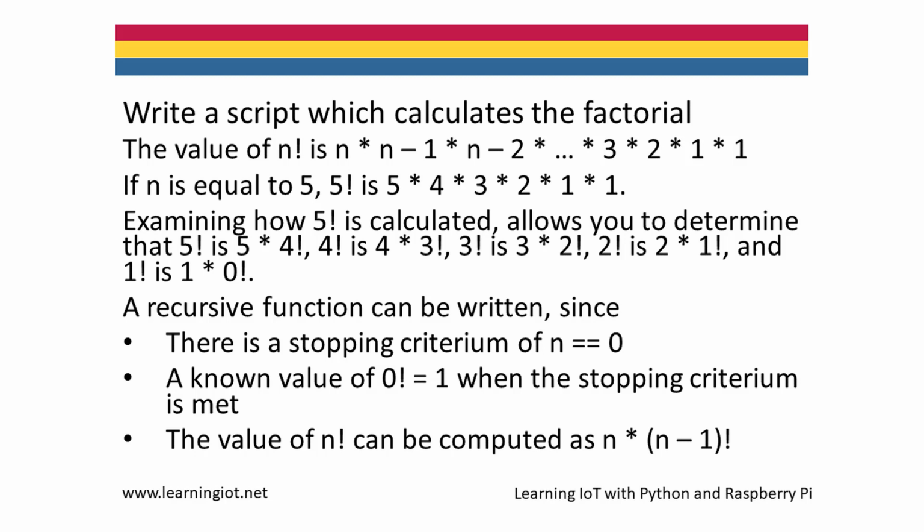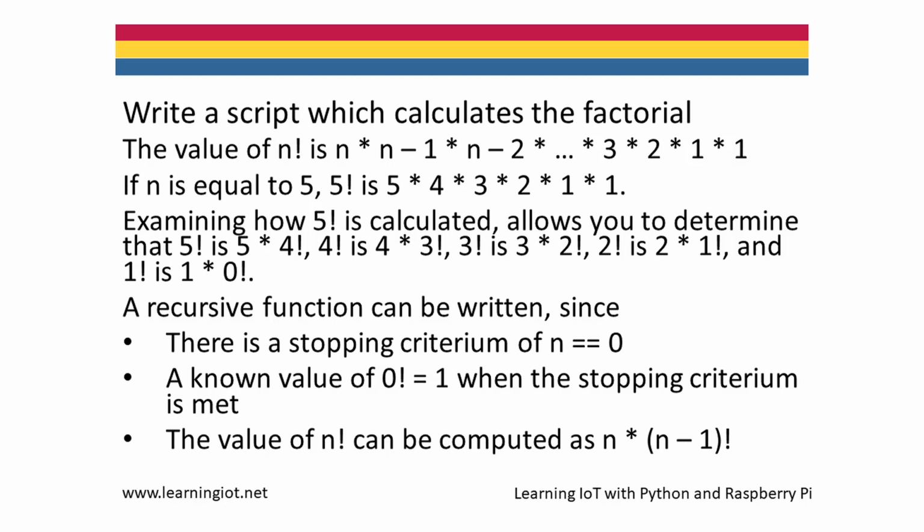Now, if we look at how 5 factorial is calculated, we can see that 5 factorial is equal to 5 times 4 factorial, and that 4 factorial is equal to 4 times 3 factorial. 3 factorial is equal to 3 times 2 factorial. 2 factorial is equal to 2 times 1 factorial, and 1 factorial is equal to 1 times 0 factorial.